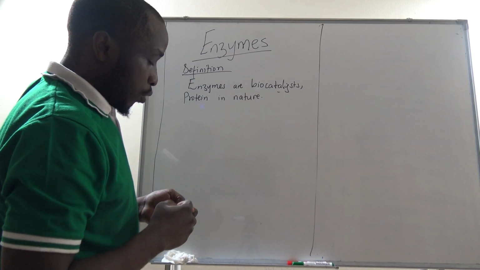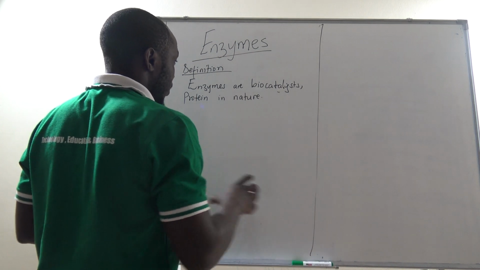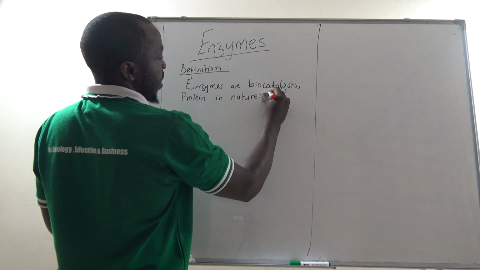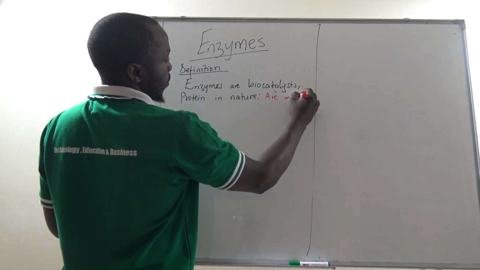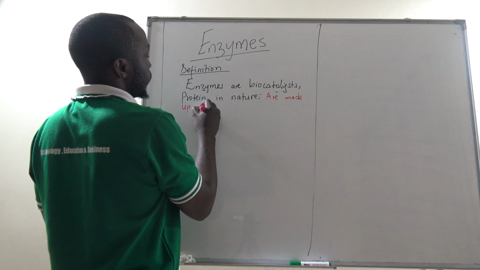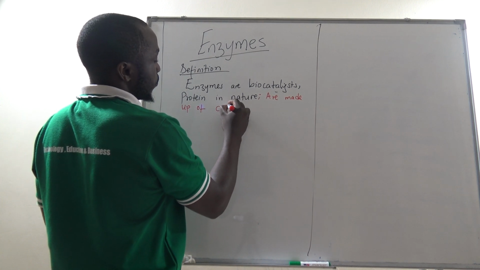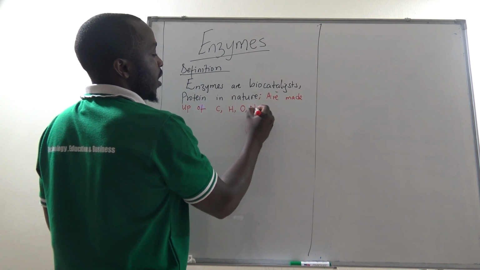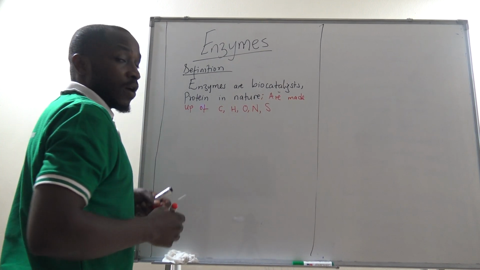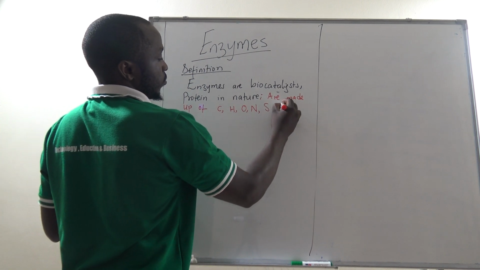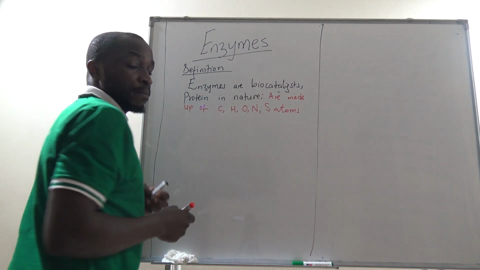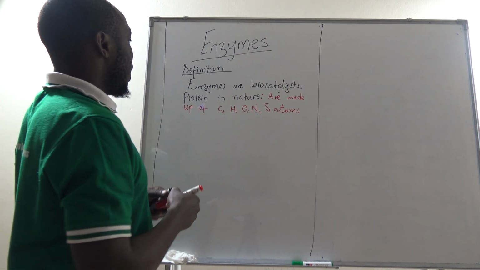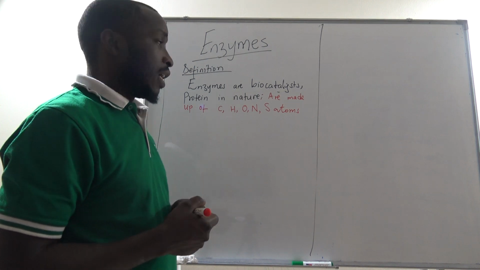So we are dealing with a protein. That means enzymes are made up of carbon, hydrogen, oxygen, and nitrogen, sometimes even sulfur atoms. Those are present in enzymes by virtue of the fact that they are protein in nature.